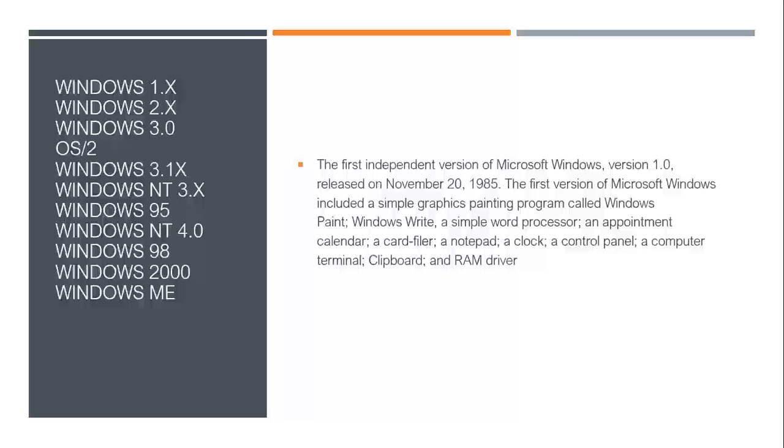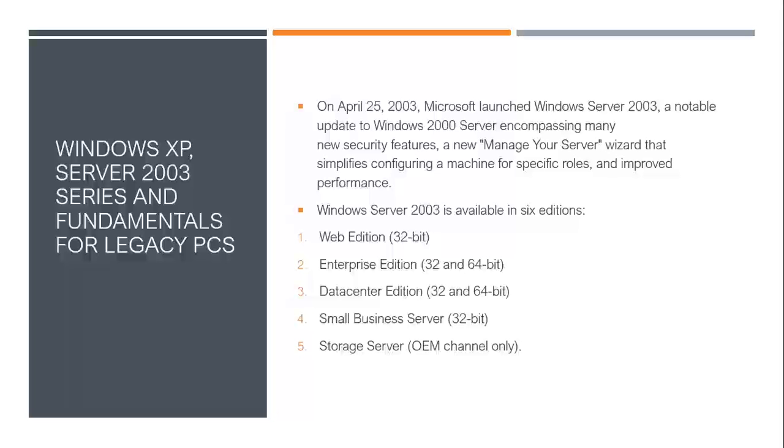Windows 2000 was available in four editions: Windows 2000 Professional, Windows 2000 Server, Windows 2000 Advanced Server, and Windows 2000 Datacenter Server. After the 2000 Professional and 2000 Server editions, Windows released Windows XP and Windows Server 2003.